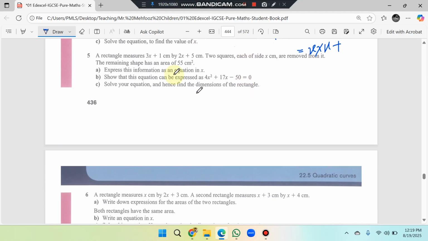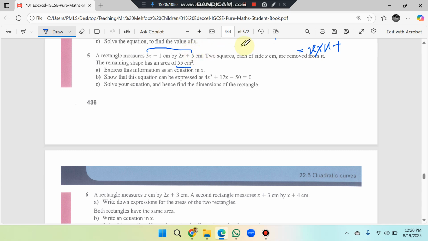Okay, the next one is question number 5. A rectangle measures 3x plus 1 centimeters by 2x plus 5. Two squares, each of side x, are removed from it. The remaining shape has the area given here. So first of all, we have to find the area of the rectangle.